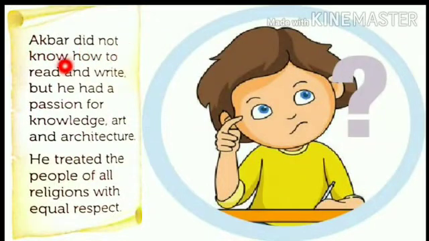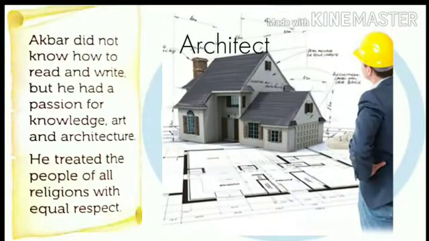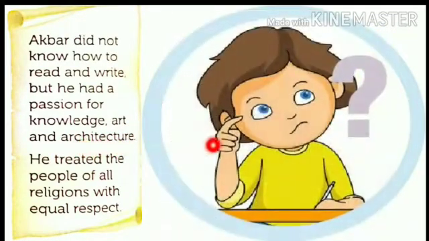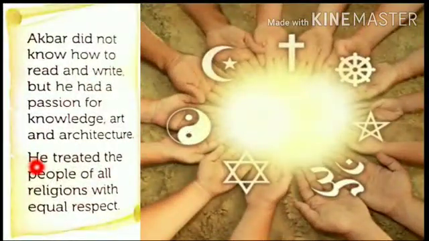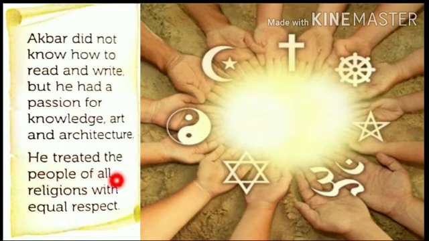Akbar did not know how to read and write. But he had a passion for knowledge, art, and architecture. Architecture means construction of buildings. He treated the people of all religions with equal respect.